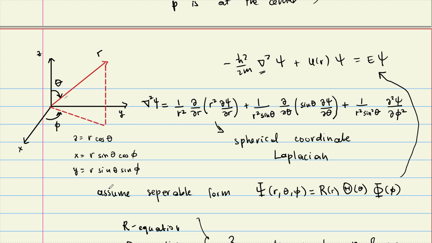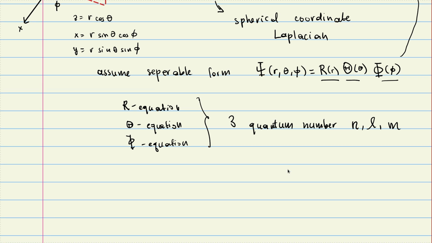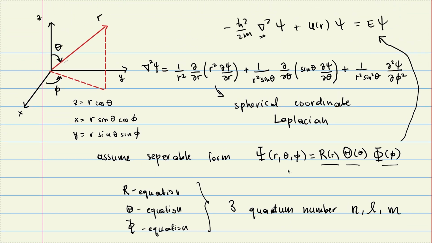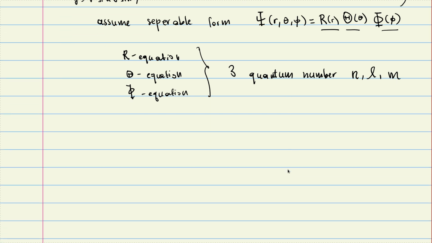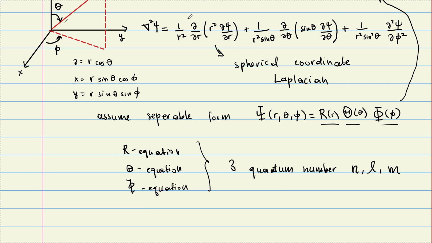After that we said we expect separable solutions in the sense that there's a function of r, a function of theta, and a function of phi. And if we substitute it here, we are hoping that we are going to be able to separate it. I want to do it today. I thought we did that, but it seems like we didn't. So let's try. I want to take this Laplacian.